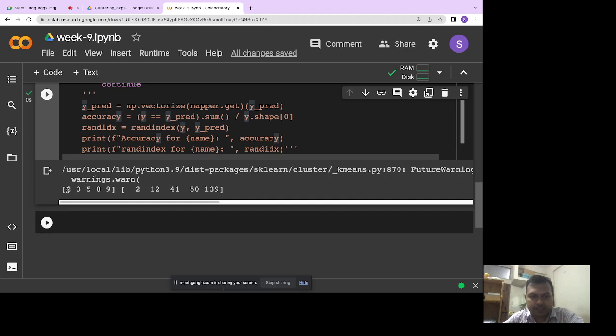So these are all the target values which were marked as 1 after my k-means clustering, and out of those, 2 has been marked 1 two times, 3 has been marked 12 times, 5 has been marked 41 times, 8 has been marked 50 times, and 9 has been marked 139 times.